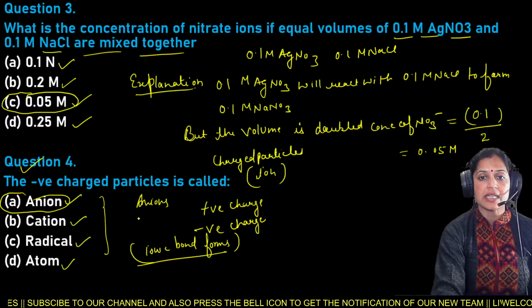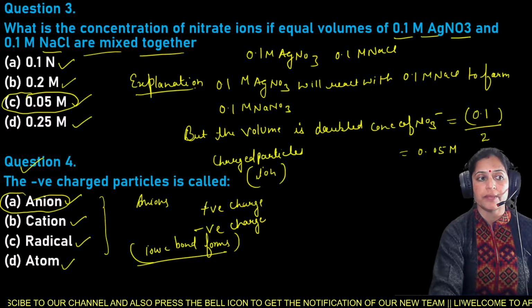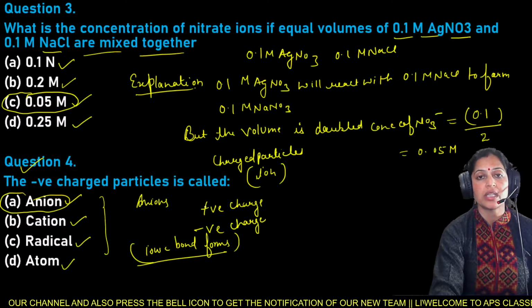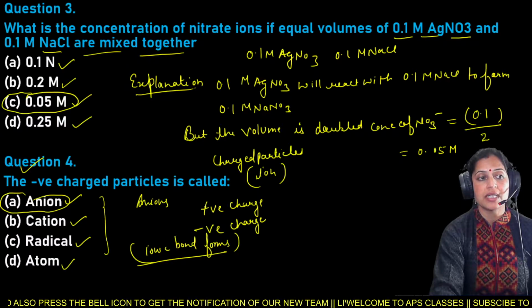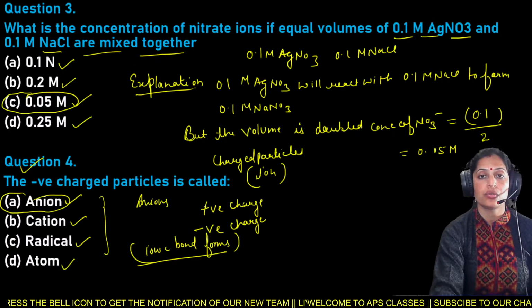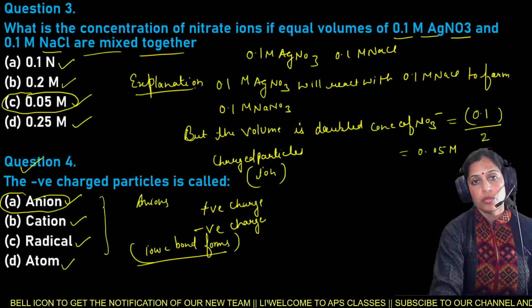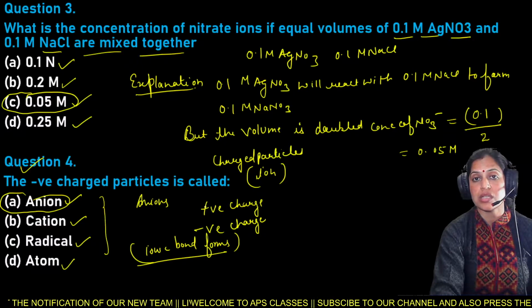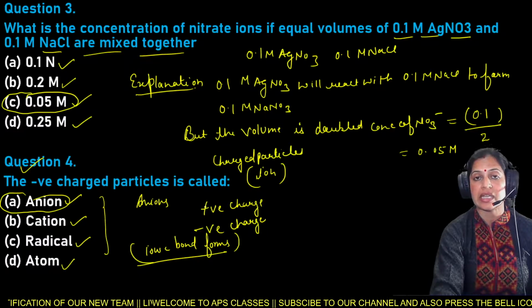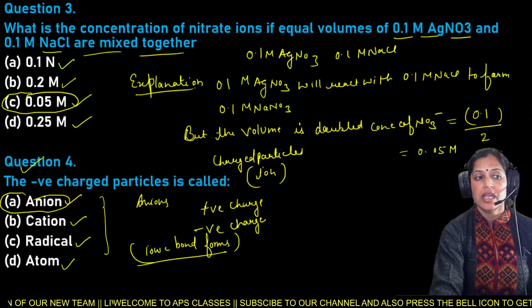The particle with the greater amount of electrons takes over the other particle's electrons. One becomes positive because it loses the electron, and the other becomes negative because it gains the electrons.